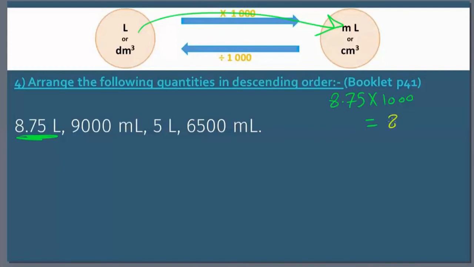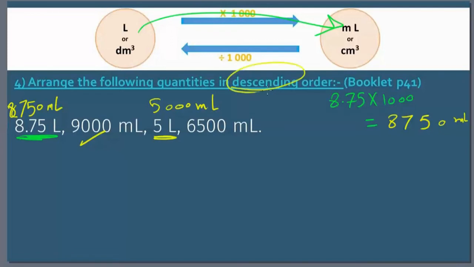So 875, and the decimal point was here, so I need to put 0 here. So it will give me 8,750 milliliter. And here I have 6.5 liter, and 5 liter, which gives me 5,000 milliliter. Now I can arrange them.